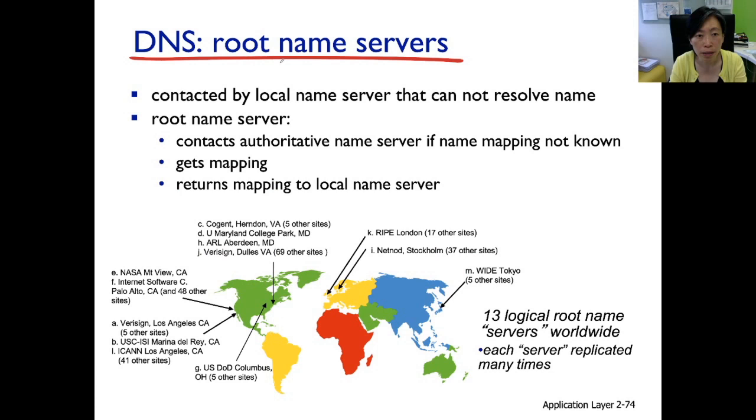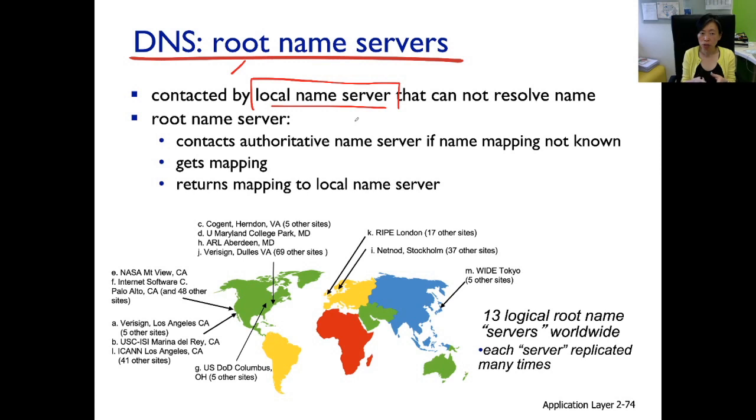And let's talk about each of these name servers a bit more. At the top level, the root name servers. It's contacted by the local name server. Now allow me to explain. This local name server is not in the hierarchy. This local name server is actually very, very close to the client. Typically what happens is that a whole bunch of these end hosts sitting in an ISP will be sharing one.